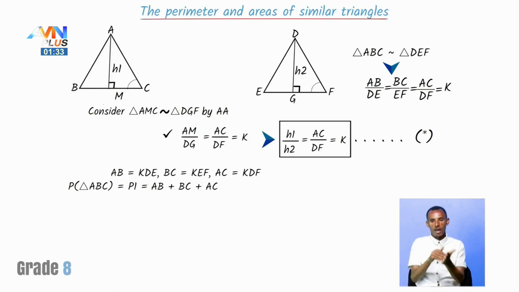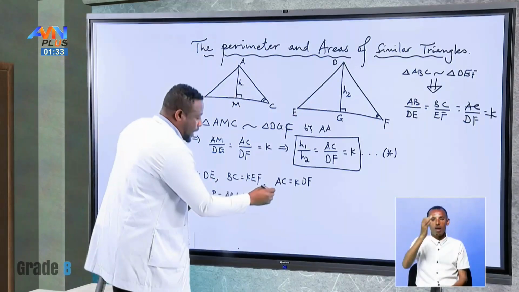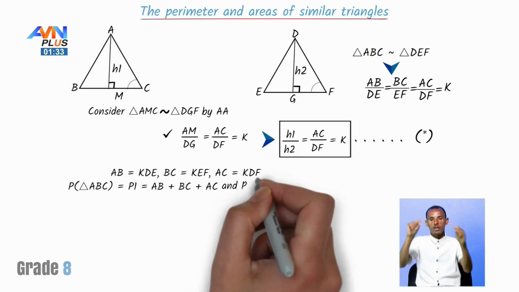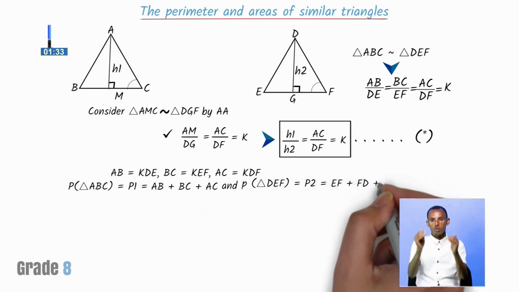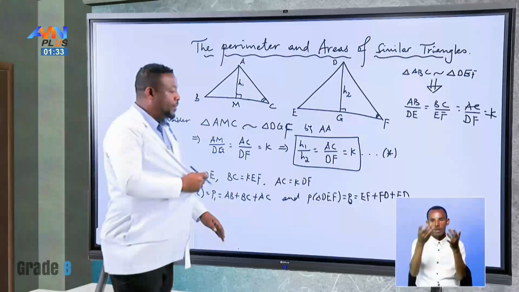Again, let's write the perimeter of triangle DEF, okay? Say the perimeter of triangle DEF is P2, okay? P2 means EF plus FD plus ED. Okay. Now we know this.